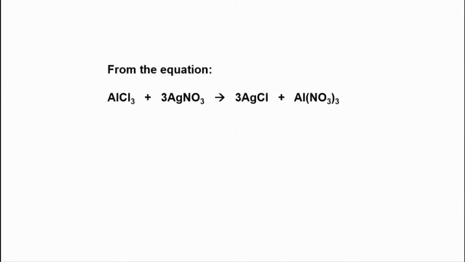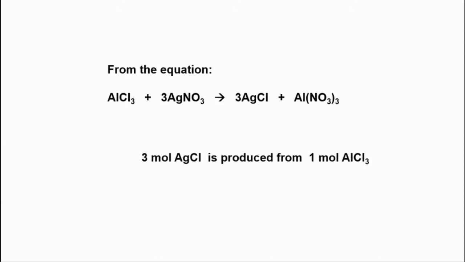So if the equation is not balanced, we need to balance the equation correctly first, or else we are going to have problems. Since the equation given here was already balanced, let's look at the relationship.